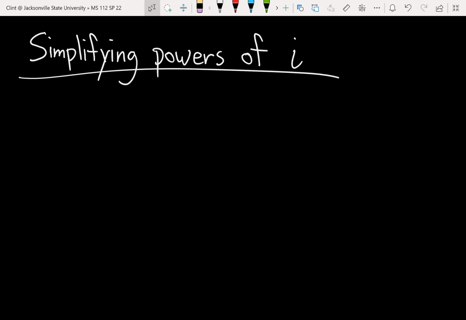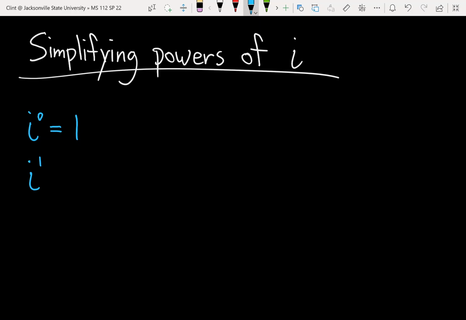So let's look. If we've got i to the 0th power, you remember what anything to the 0th power is? 1. Arguably, some people say 0 to the 0th power is undefined, but anything else to the 0th power is 1. Okay.